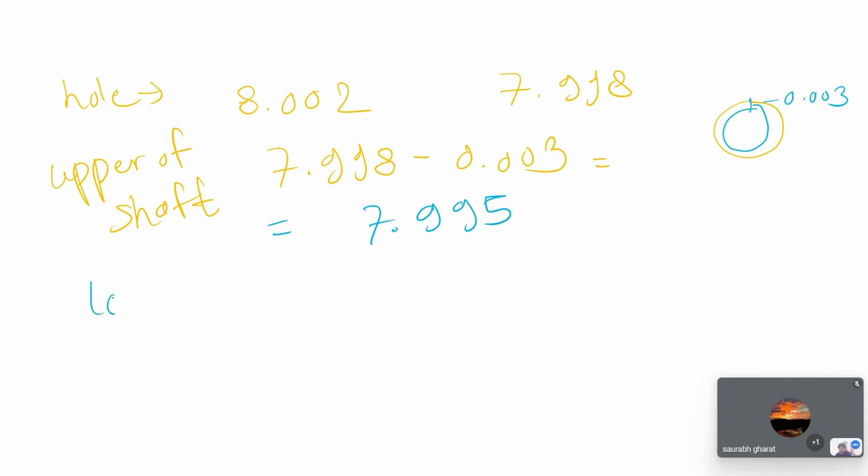And right now, lower of shaft, which should not be, so this is a shaft, and this should not be 0.037. Okay, so it must be in this part, should not be greater than this part. So it must be less than this part.